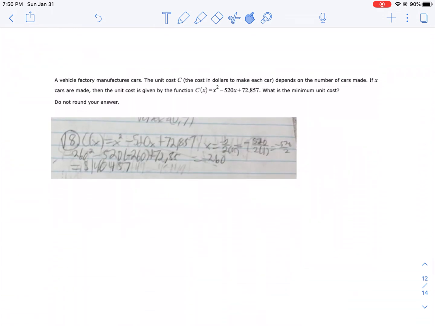On this particular question, looks like you set it up right. We have -b. Oh, look at that. B is already negative. You have to have something in there. So the product you did wrong, it should be the opposite of negative 520, which changes your sign, which changes your answer, divided by 2 times 1.